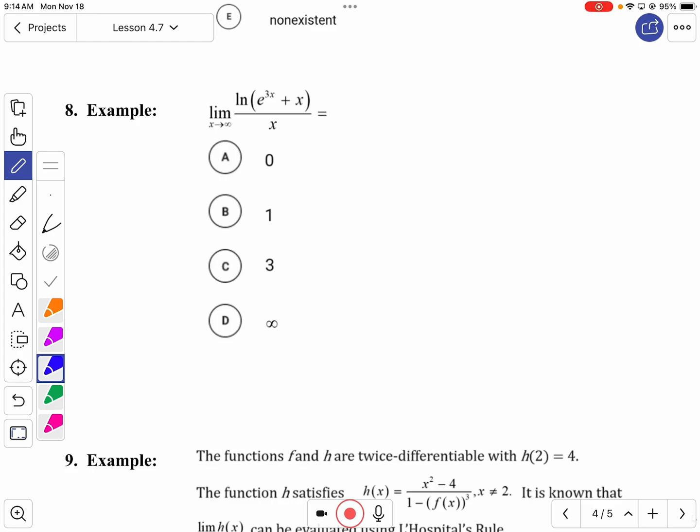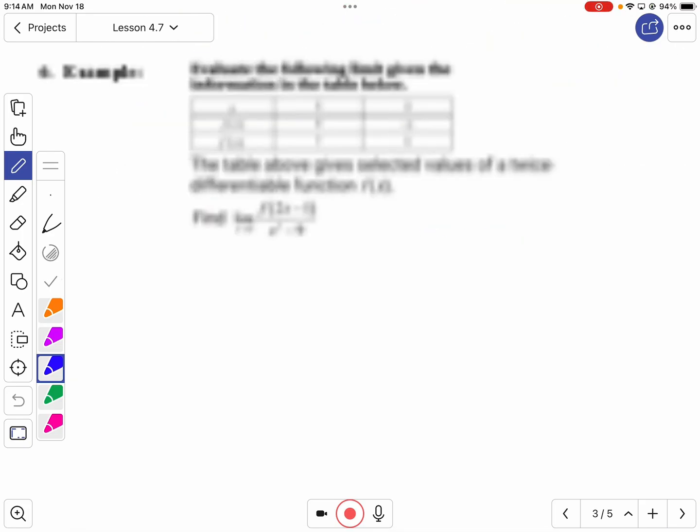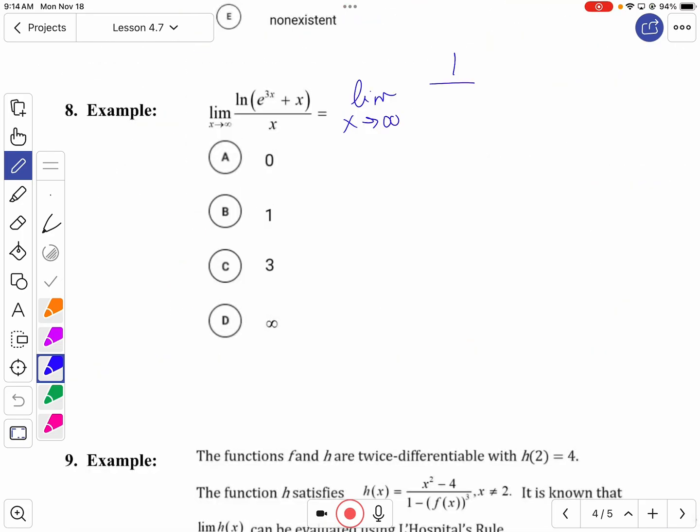Now, let's take a derivative, right? So I'm going to take the limit as x approaches infinity of 1 over e to the 3x plus x.